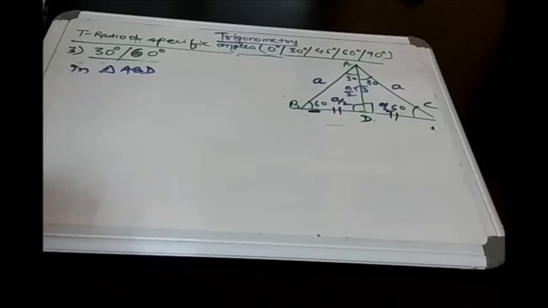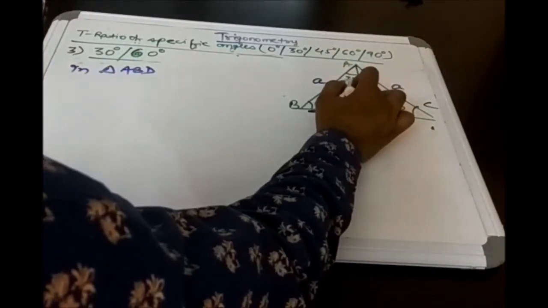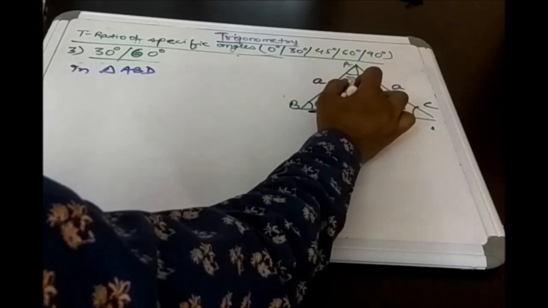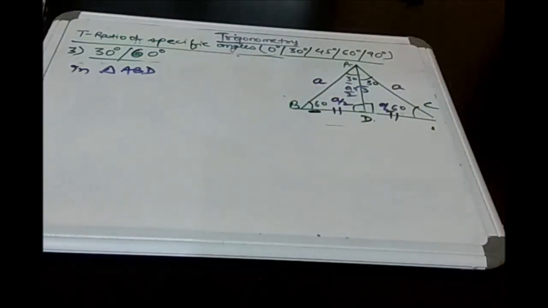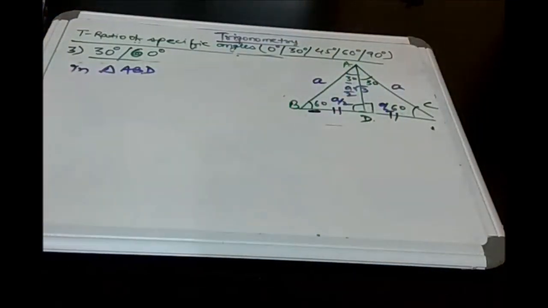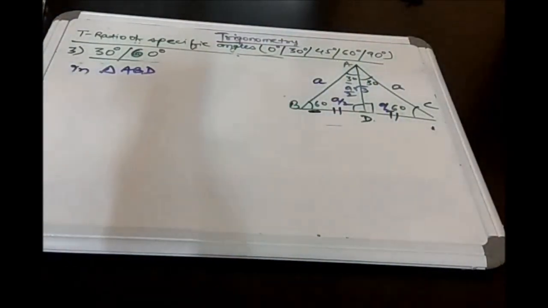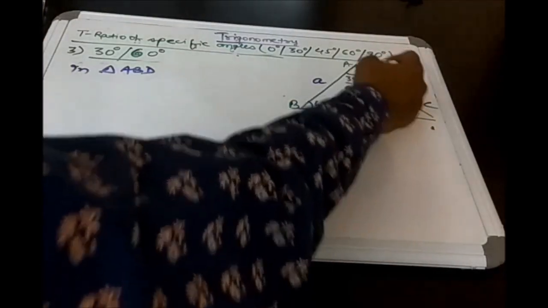Now we will be deriving the value of 30 degree. In the same triangle ABD, if we try to derive the value of trigonometric ratios in respect of angle 30 degree, only thing that we will have to do is change the nomenclature of perpendicular, base and height. So once you are deriving the ratio in respect of angle 60 degree, AD was perpendicular because it was opposite to the angle.